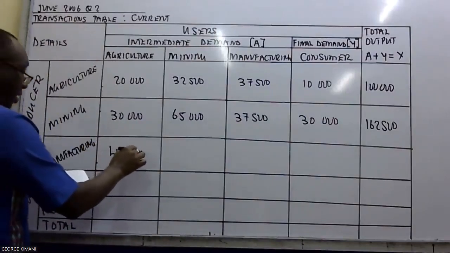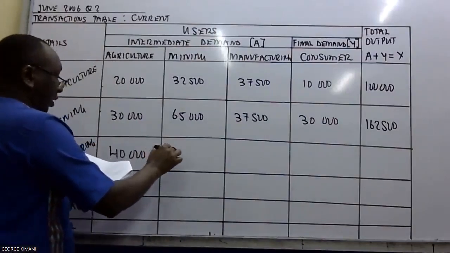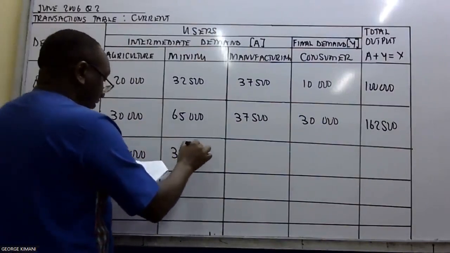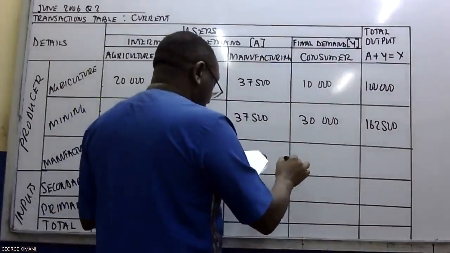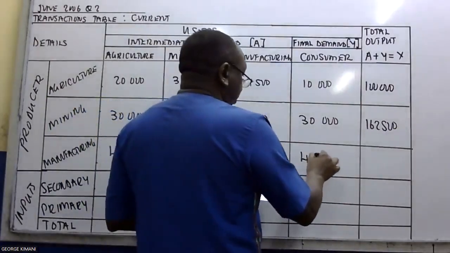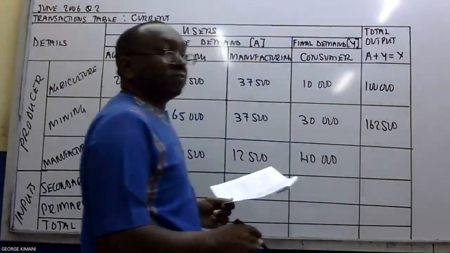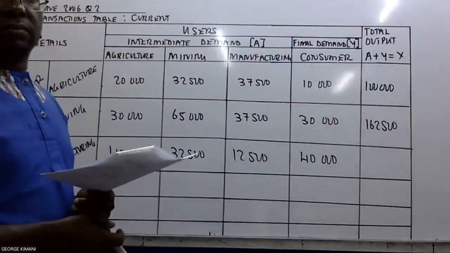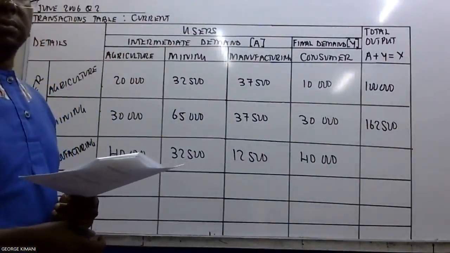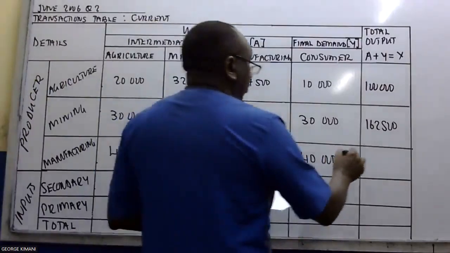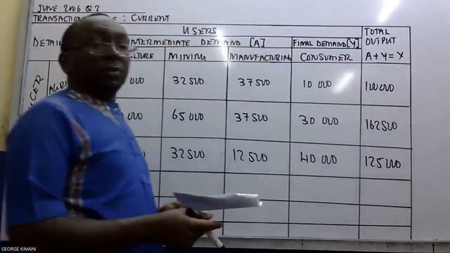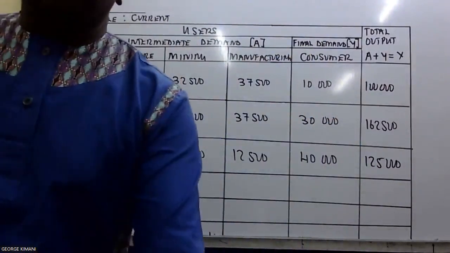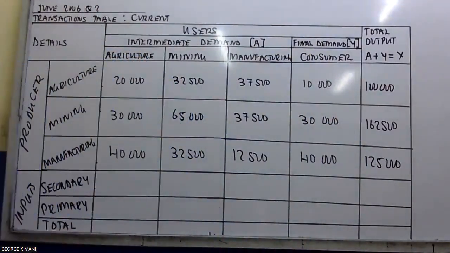Then 40,000, 32,500, 12,500, and 40,000. That is $125,000. That is how you get the total output when you're given totals.